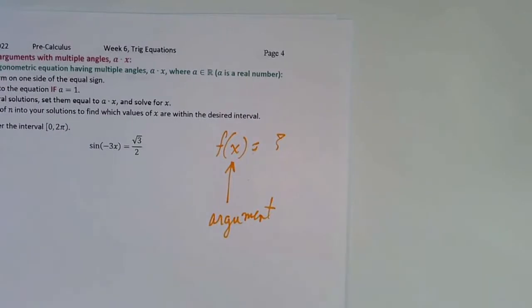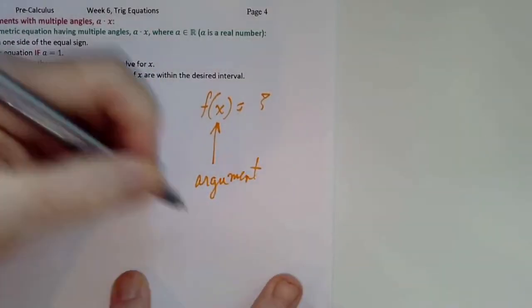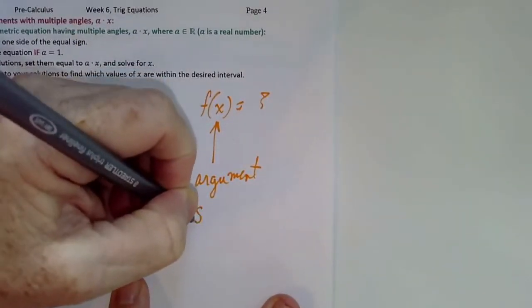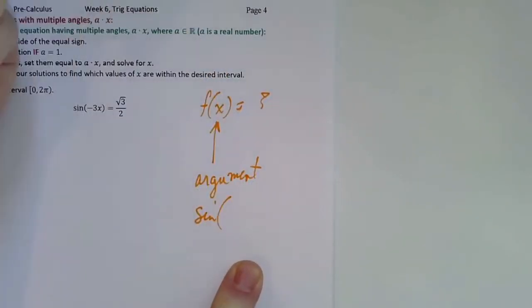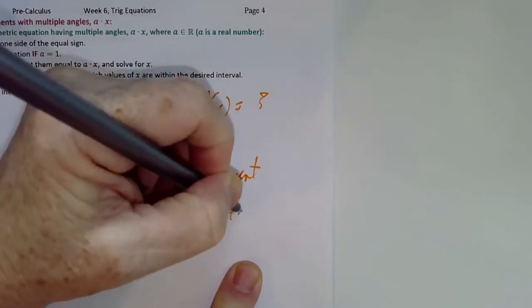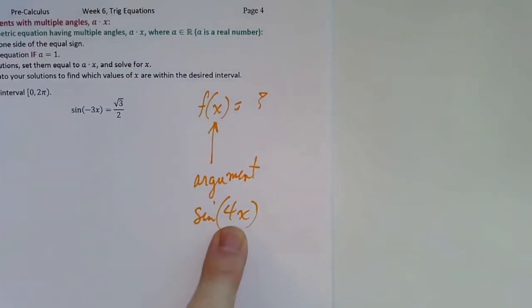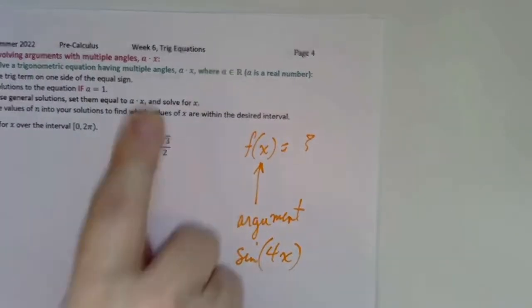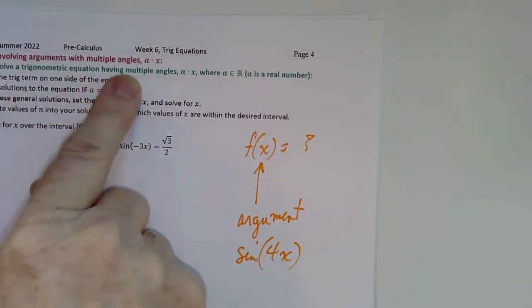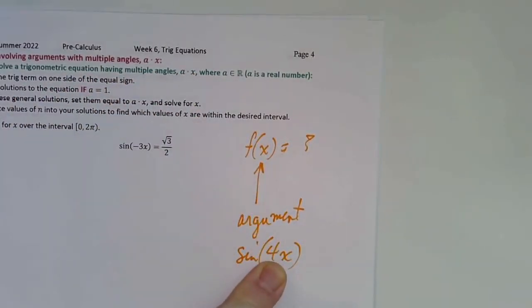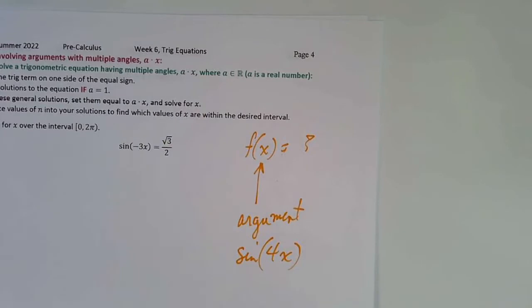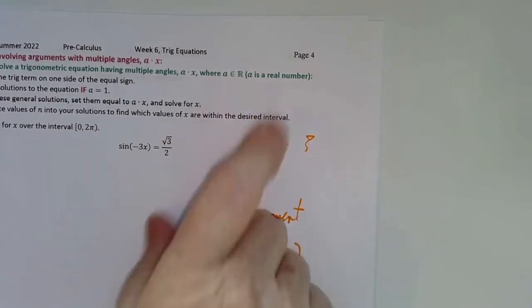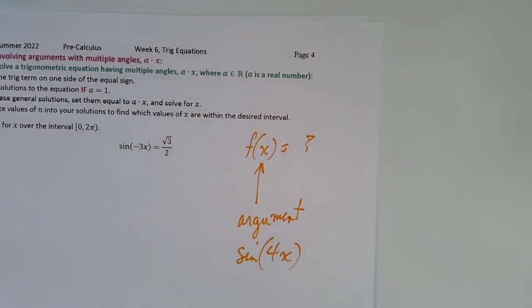With sines, cosines and trig functions, we'll have the sine of 4x. This would be a multiple angle as an argument. We're plugging in not x, but a number times x. And this R with the double bar is all real numbers.